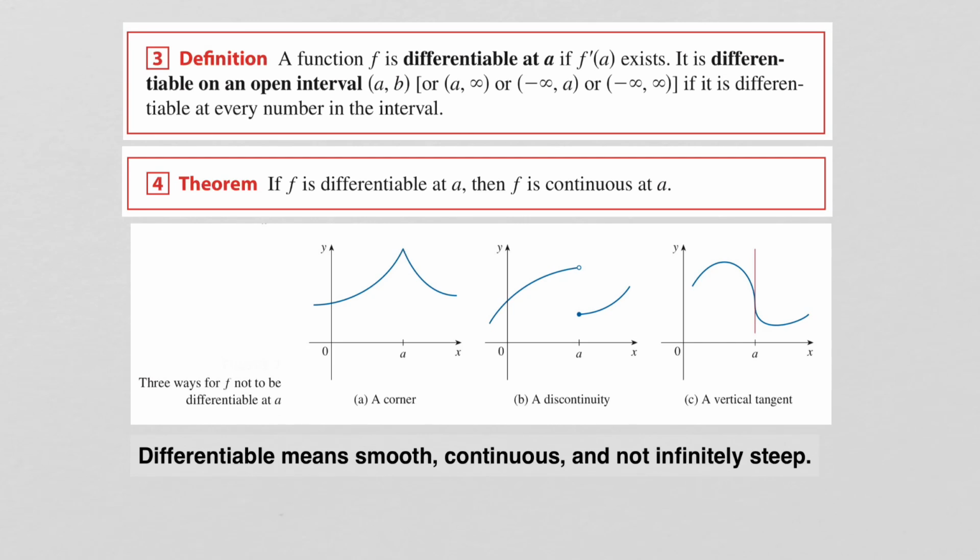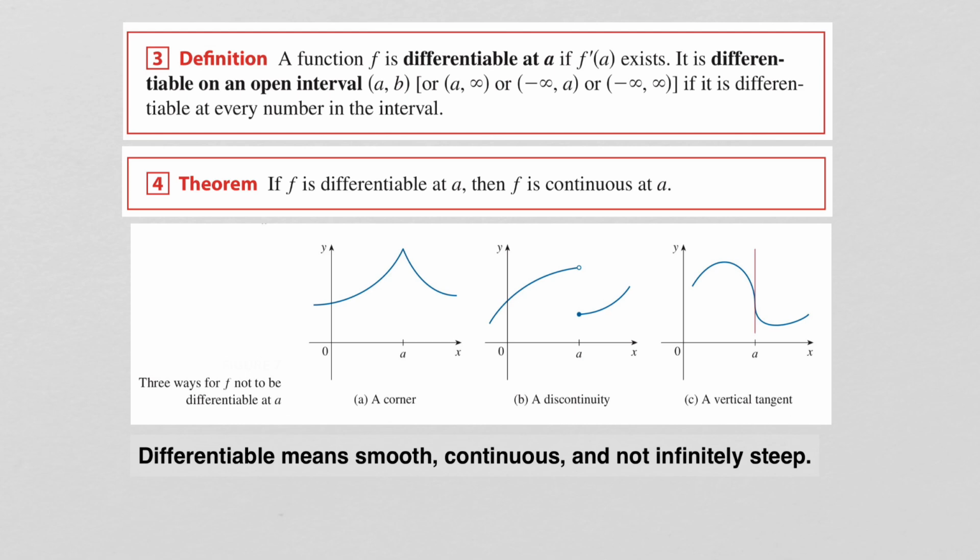A function f is differentiable at a if f prime of a exists. It is differentiable on an open interval if it is differentiable at every number in that interval. So now we want to talk about the concept of what does it mean for a function to be differentiable? Well, differentiate and derivative essentially mean the same thing.